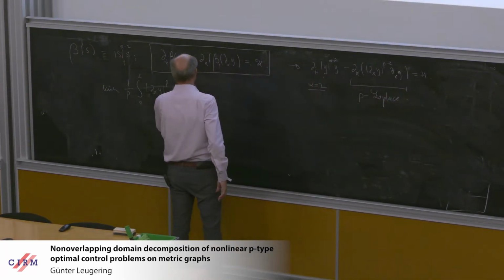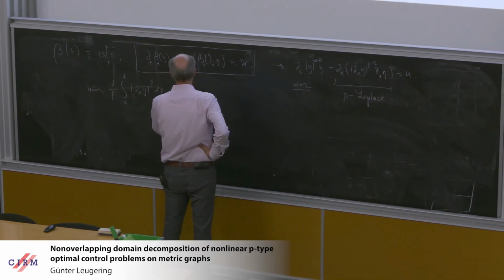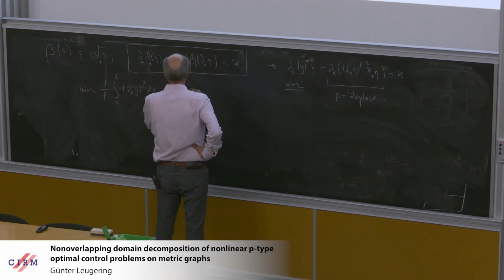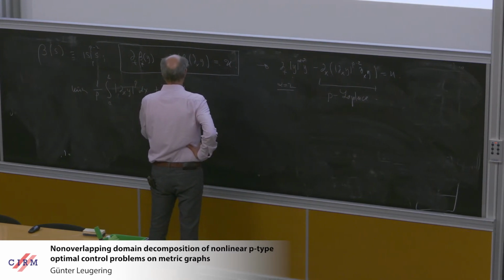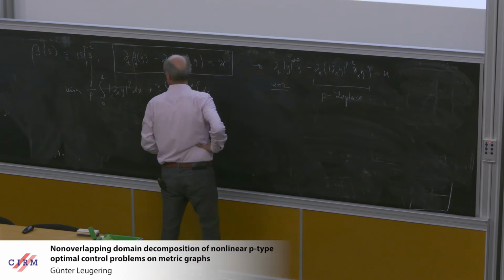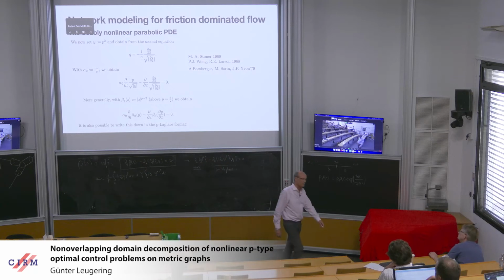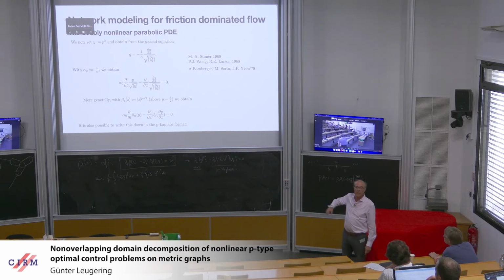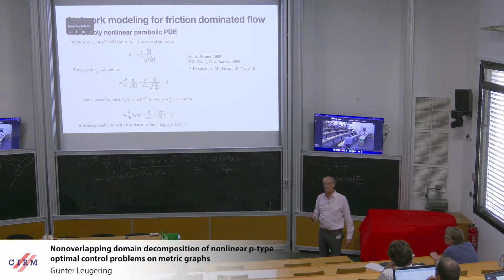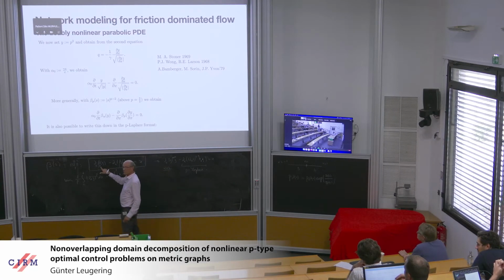So you add nu over, this is like a tracking type thing, y minus y_n squared dx. And this is like a prox type optimization problem. What it gives you is exactly the step that you have to compute if you do a backward Euler for the p-parabolic equation with alpha equal 2.